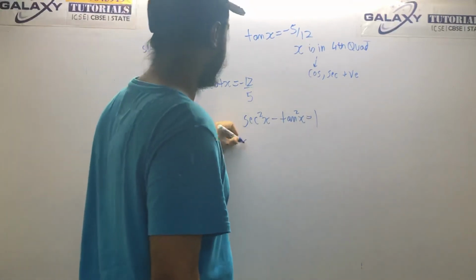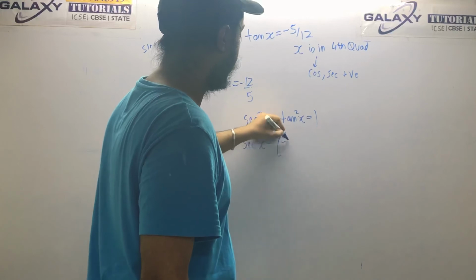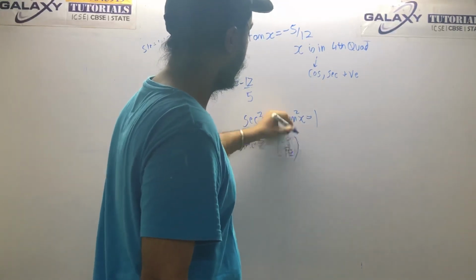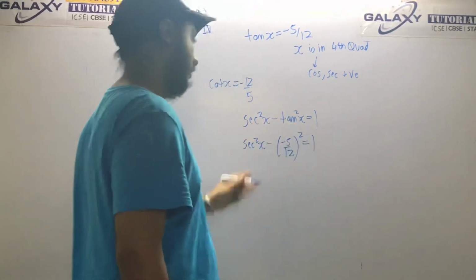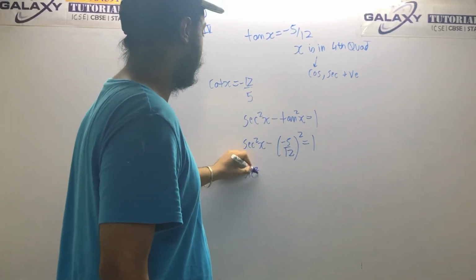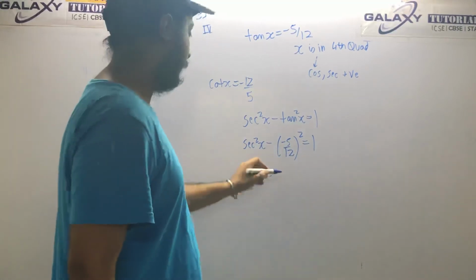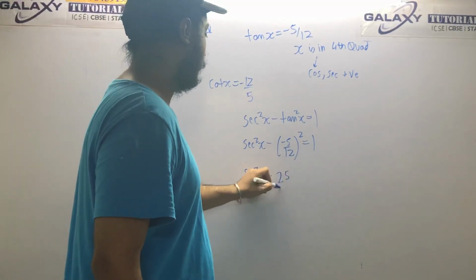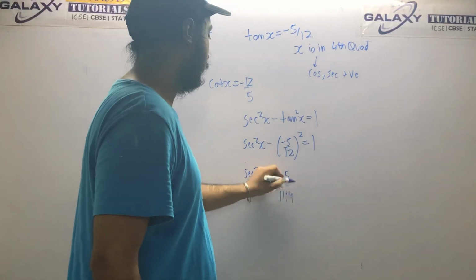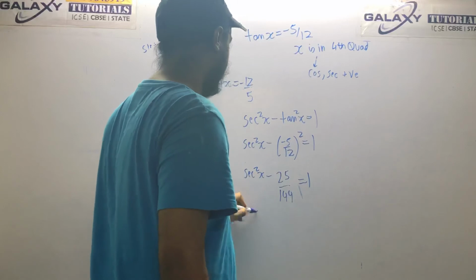So sec square x minus (minus 5 by 12) square is equal to 1. Now sec square x, minus 5 by 12 square will be 25 by 144, is equal to 1.